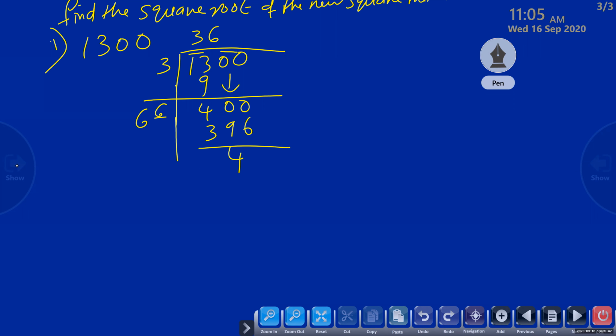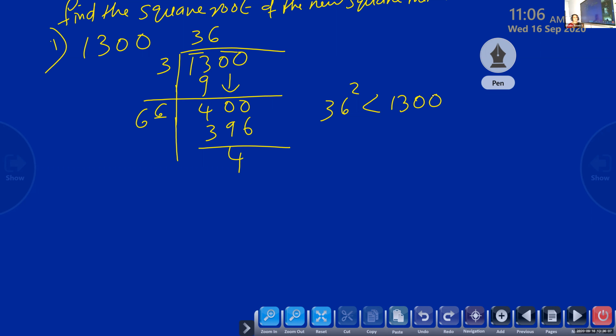But the root of 1300 is not 36. My question is, is 36 square greater than 1300 or less than 1300? Less than. 36 square is less than 1300. Understood, all of you?